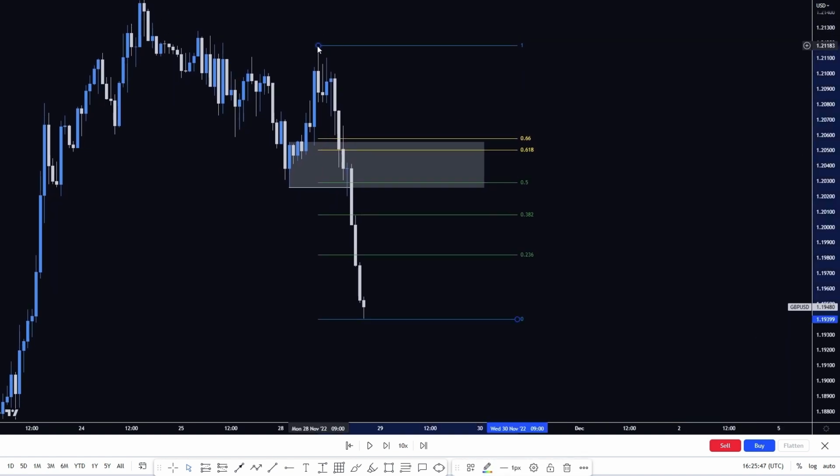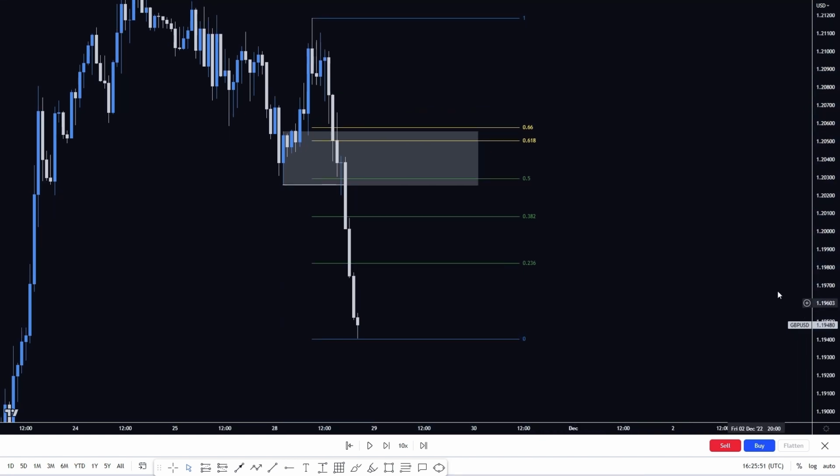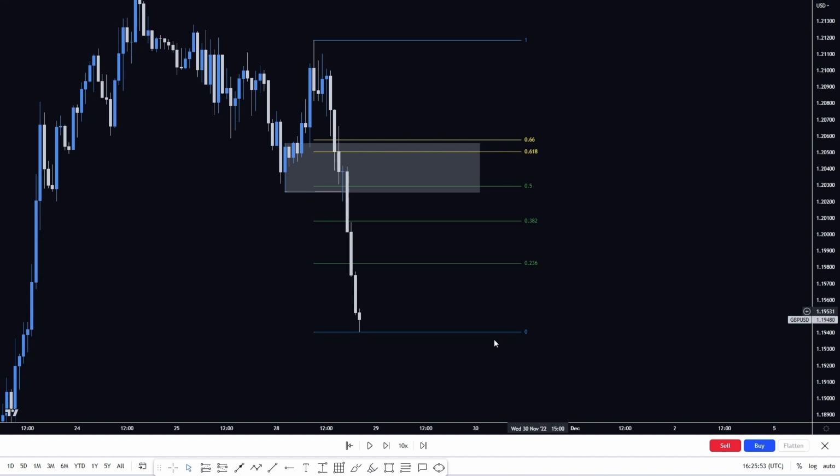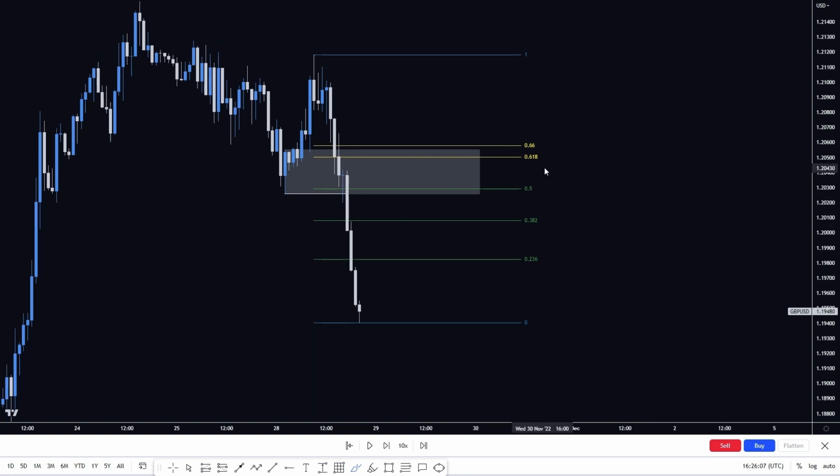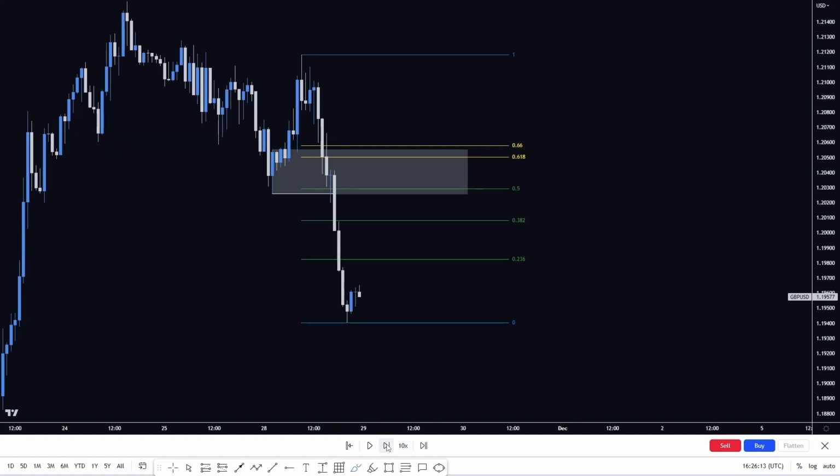Price could potentially come into either the 0.5, which is in this level in here. So we may see some kind of wick reaction into this area, or we may see price come up and tap into our golden pocket. So there's a couple of options that we're going to be looking for. And it's just a matter of how you want to get involved in these trades and the types of confirmation that you want to see before you take an entry.